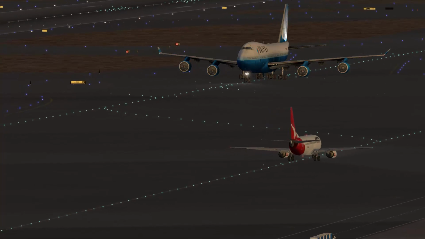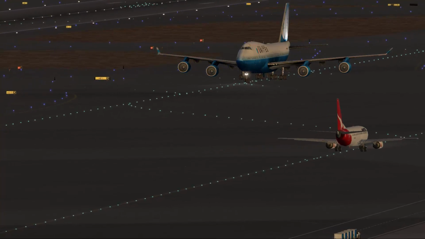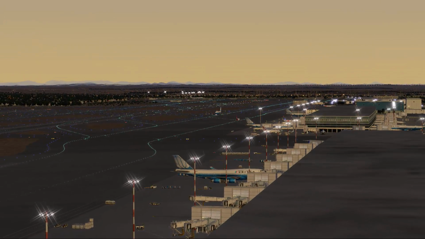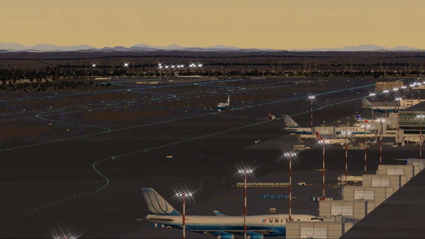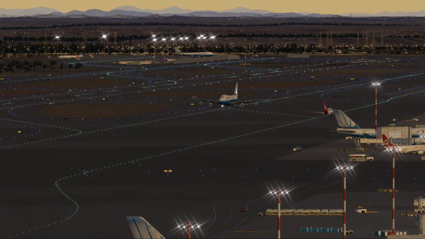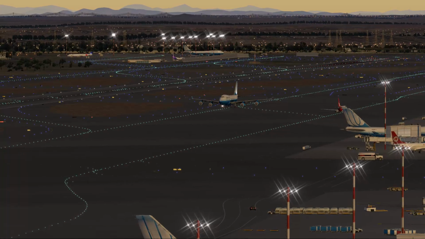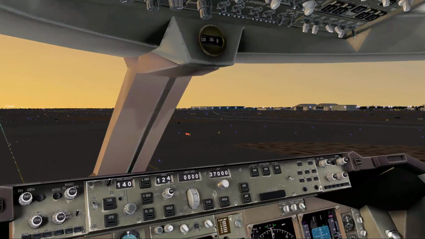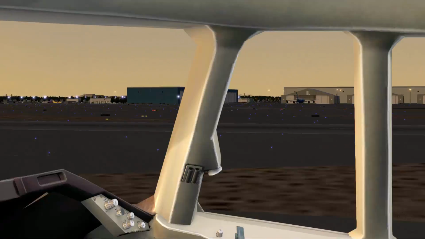And you can see this Qantas Airbus taxiing out there, or 737, it was hard to see. And of course, this is AI traffic. I also placed extensive AI network information so that the planes know which taxiways are which and where the center lines are, and they can taxi in a realistic fashion.